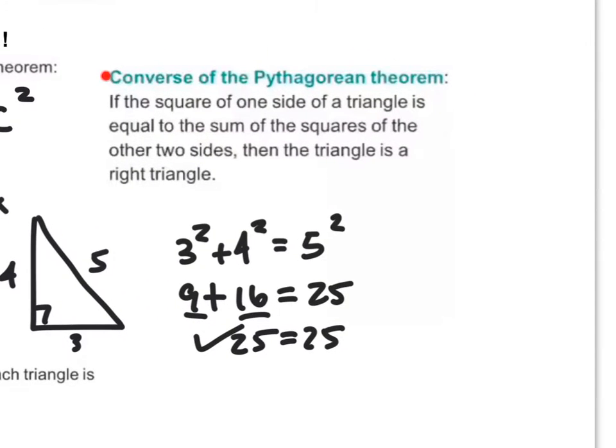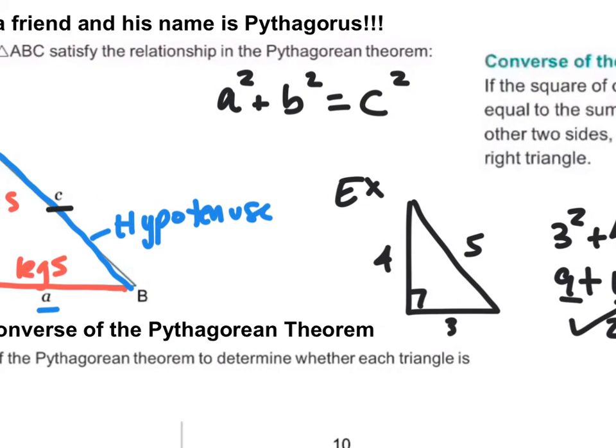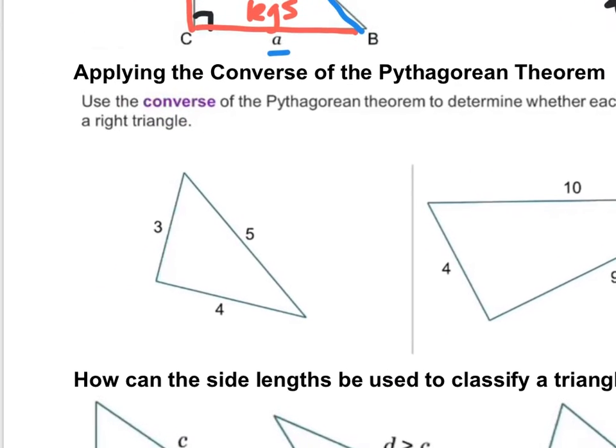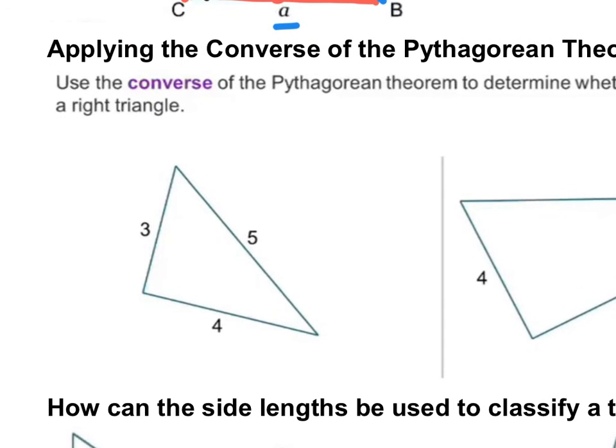And then we have the converse, which says if the square of one side of the triangle is equal to the sum of the squares of the other two sides, then the triangle is a right triangle. So if you're given a triangle and you're trying to figure out if it's a right triangle, use the Pythagorean theorem to see if it works.